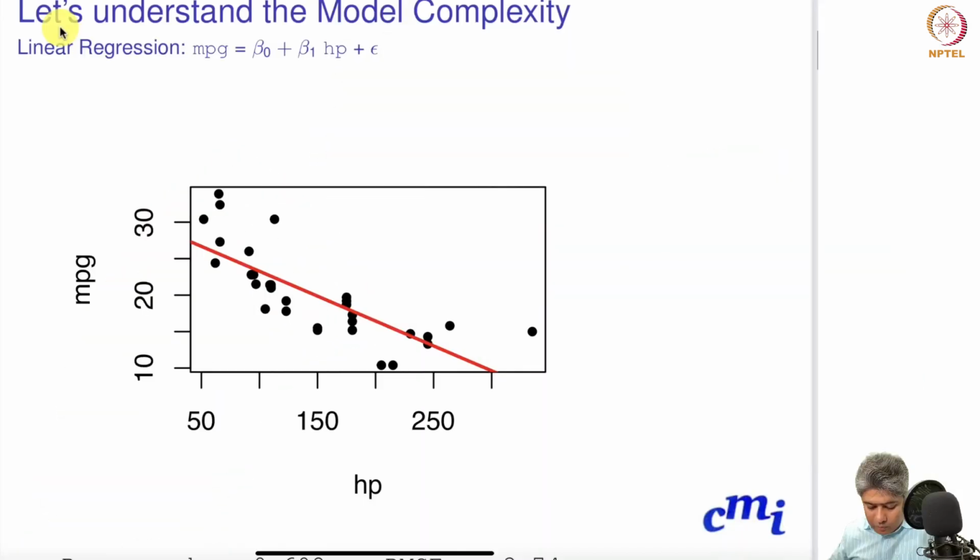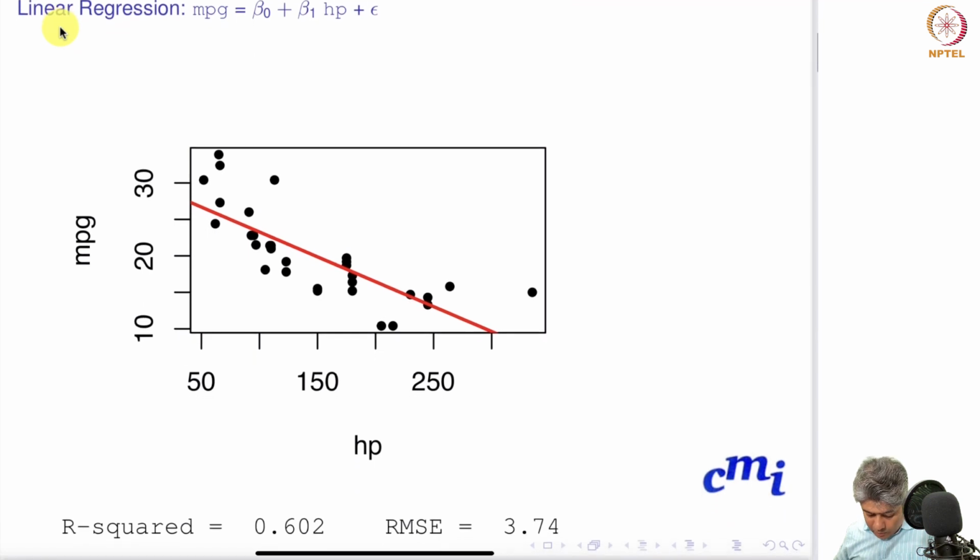Let us start with a simple example with our mtcars data set, where on the x-axis we have taken horsepower and on the y-axis we have taken miles per gallon, and this is the scatter plot. We have fitted this line: miles per gallon equal to beta naught plus beta 1 horsepower plus epsilon.